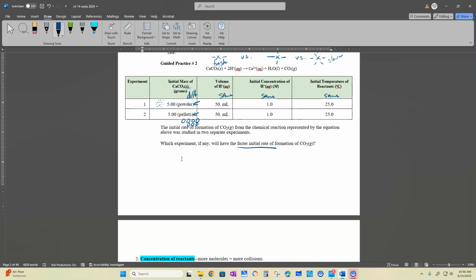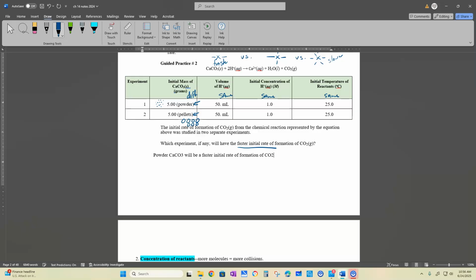Okay, so first you tell them the answer. So powder, CaCO3, will be a faster initial rate of formation of CO2.